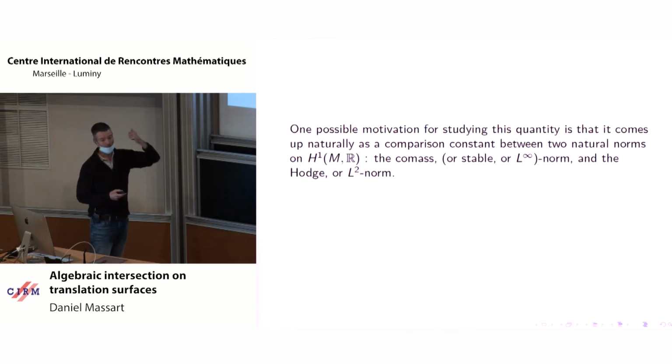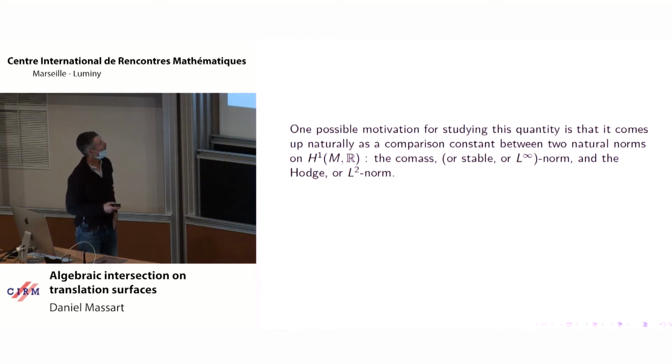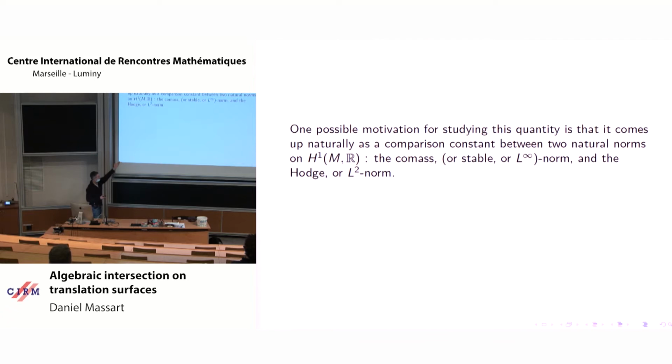In this context you can view it as the L infinity norm. Those are two norms on a finite dimensional vector space, so they are equivalent. And the question is, what are the comparison constants? The answer is this quantity, which I have denoted k-vol, comes up as a comparison constant.